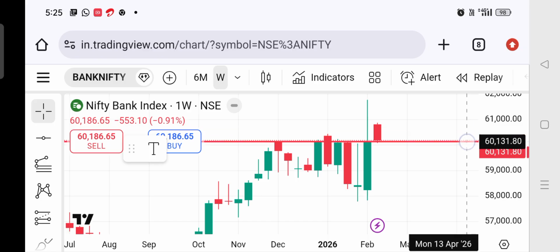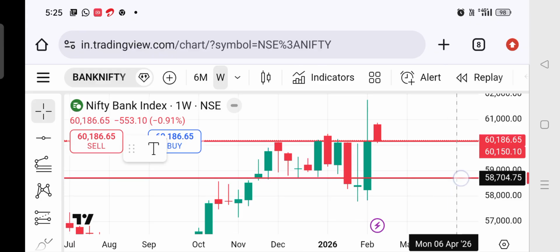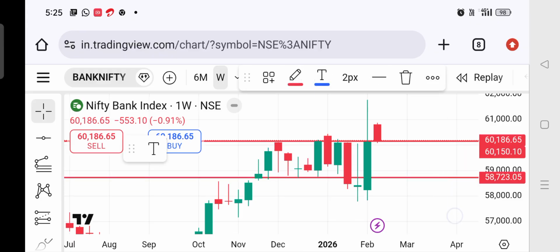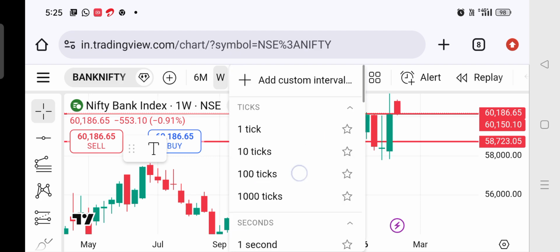This is higher high. This is low. Okay. After breakout means go to the day chart.